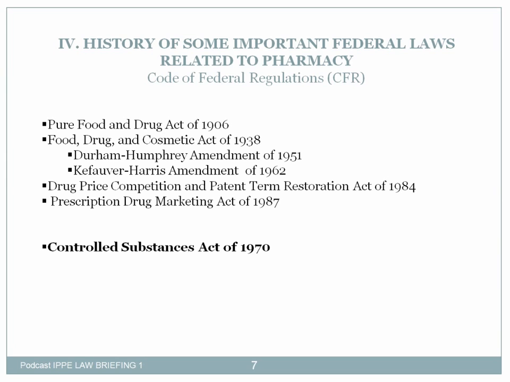The next important statute that was enacted by Congress was the Durham-Humphrey Amendment of 1951. It became effective in 1952, and this is particularly important for pharmacists because the main thing that this amendment did to the Food, Drug, and Cosmetic Act was to establish two classes of drugs: prescription only and over-the-counter drugs.